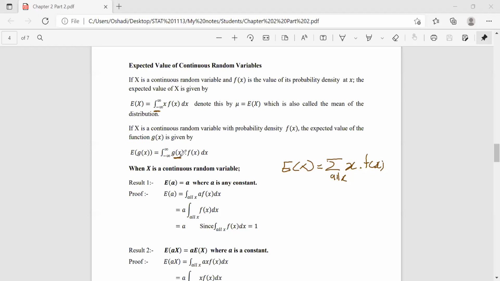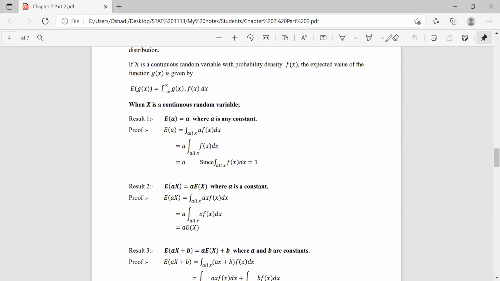So again, the same result is valid for the continuous case. When x is a continuous random variable, the expected value of a constant is the constant itself. Right? The proof is also same. The expected value of a, we write a here.